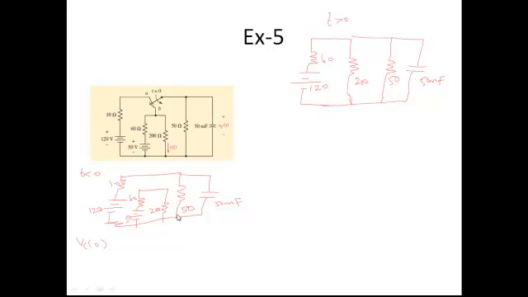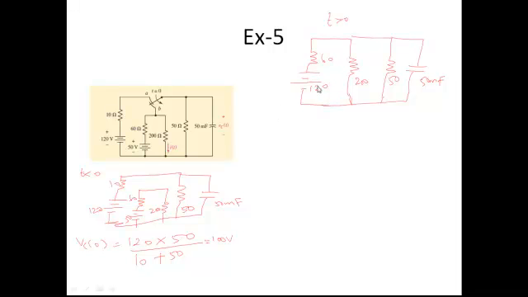You apply the voltage division rule. 120 volts is the total voltage into the same branch resistance 50 ohms divided by the sum of the resistances, 10 ohms plus 50 ohms. This will give you 100 volts. So this 100 volts is the initial voltage for this particular network. Initially the capacitance is storing energy at 100 volts.